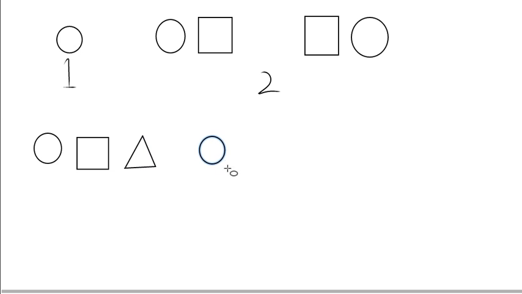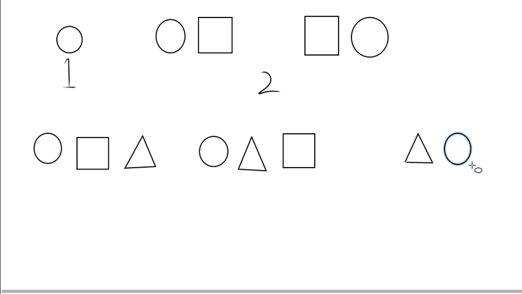Okay, well, another way could be circle still in front, and we switch that triangle and square. Now I could put the triangle in the middle. There's no particular order to these. Alright, that's three ways. Is there another way we can do it? Let's see.